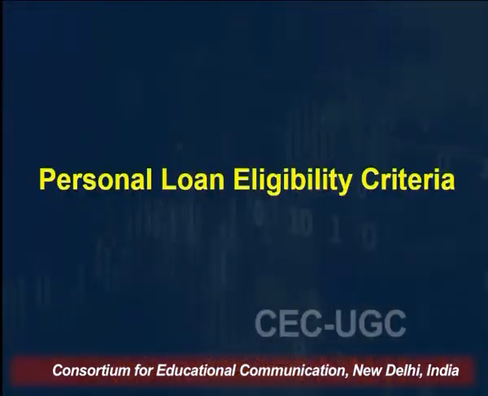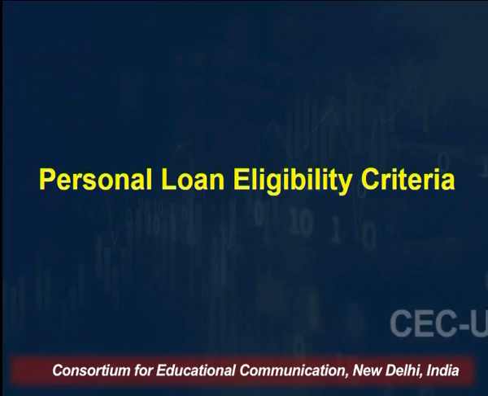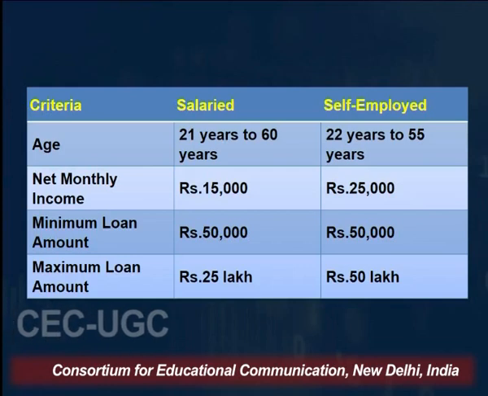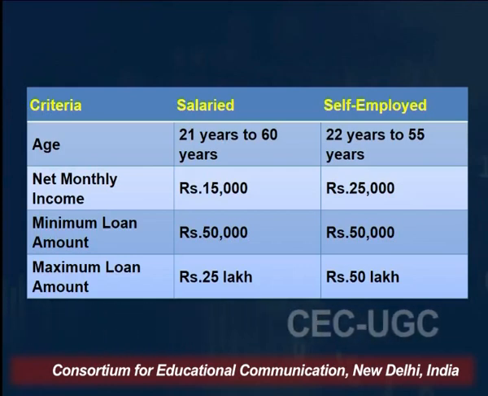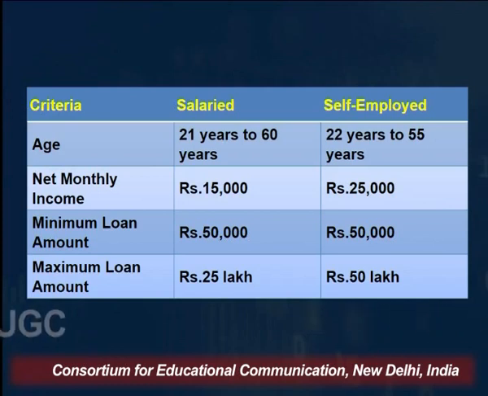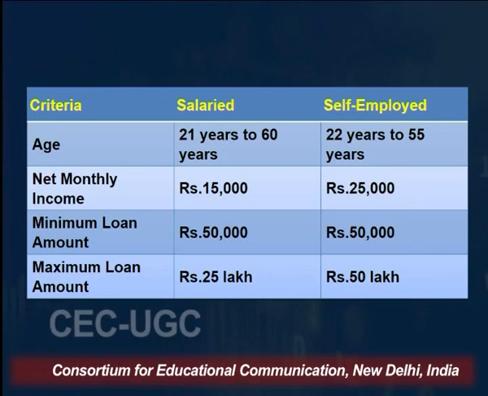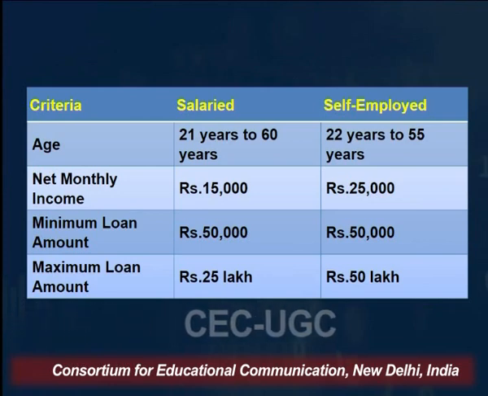Now, what is the personal loan eligibility criteria? In case of age, for salaried it is 21 years to 60 years, and in case of self-employed, it is 22 to 55 years.